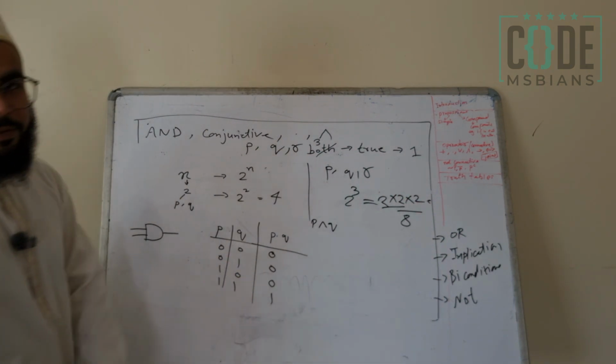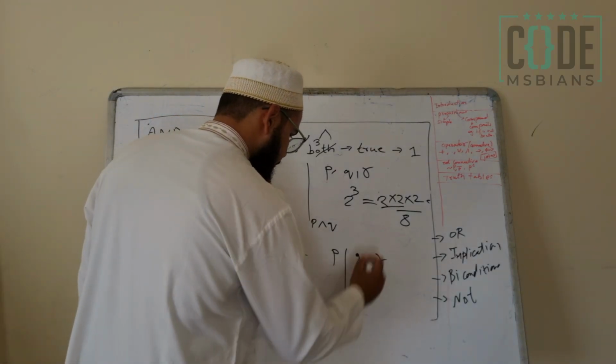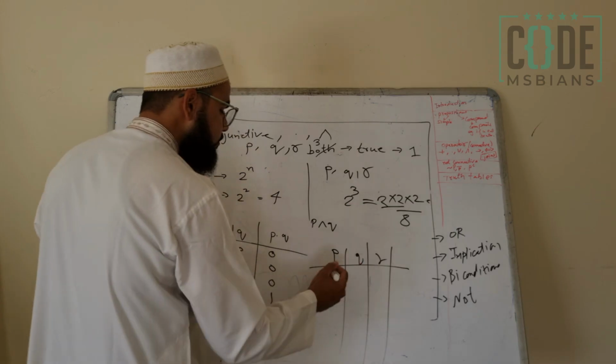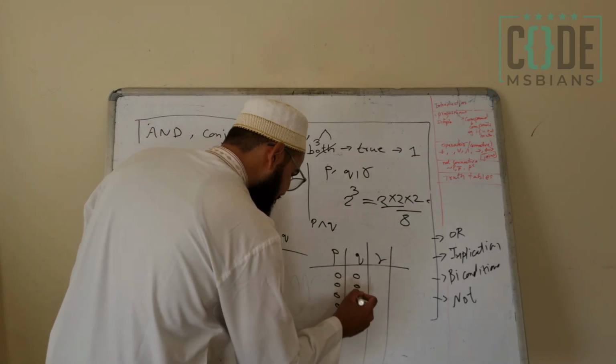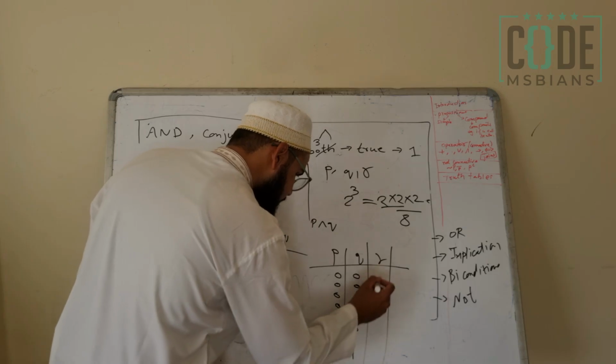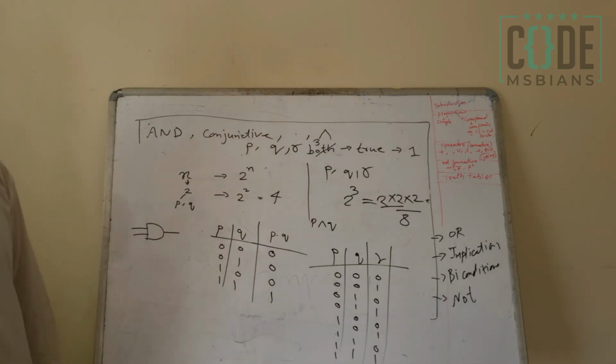So a total of 8 values are possible. I'm writing here p q r, and here I can have 8 values.